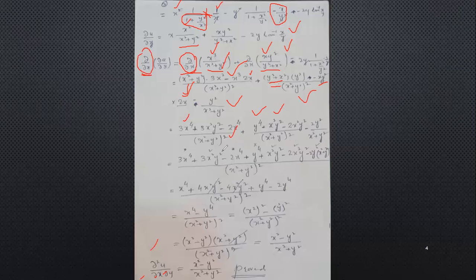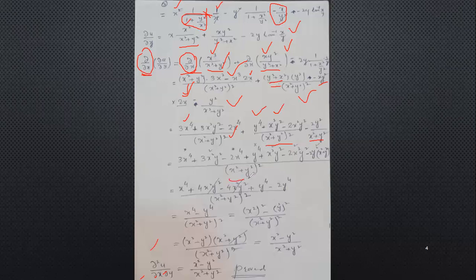Now we take the LCM. With the first term the denominator is x square plus y square whole square, and with the second term the denominator is x square plus y square whole square, but here we have x plus y, x square plus y square.